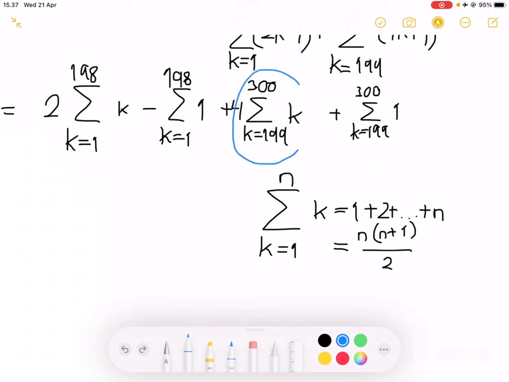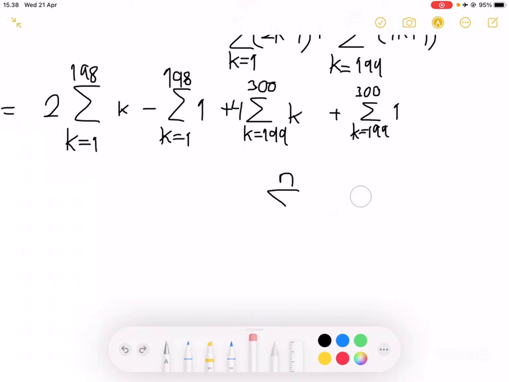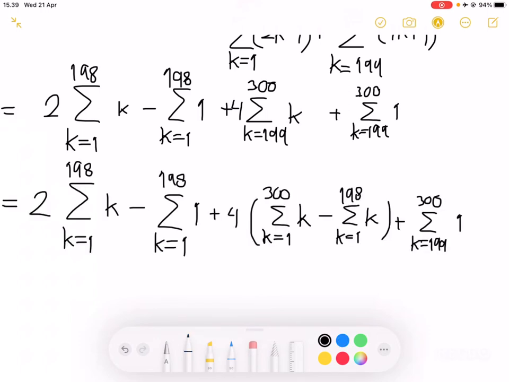The bounds of this summation are not equal to this. We have k equal to 199 for the lower bound, and we have k equal to 1. However, we can use another sigma trick, or summation property. We can rewrite this as follows.